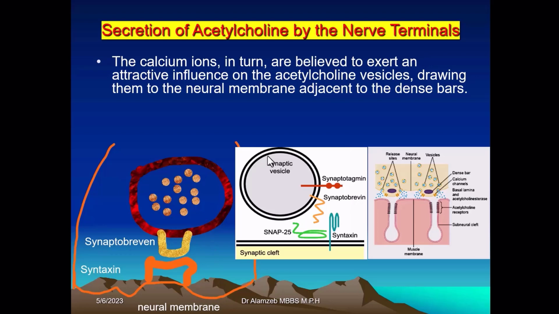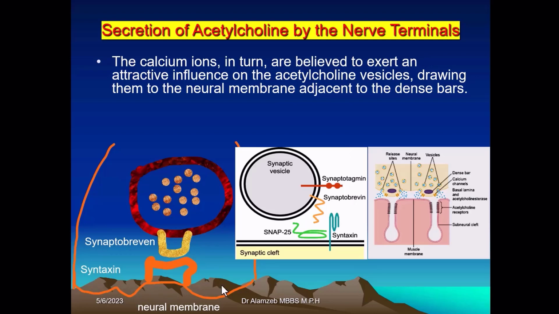On the vesicle, there is a receptor called synaptobrevin. And on the surface of the neural membrane, another receptor is present, called syntaxin.